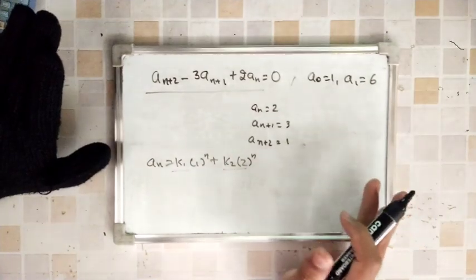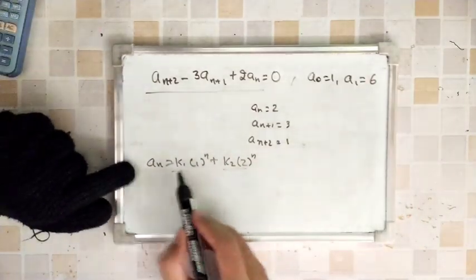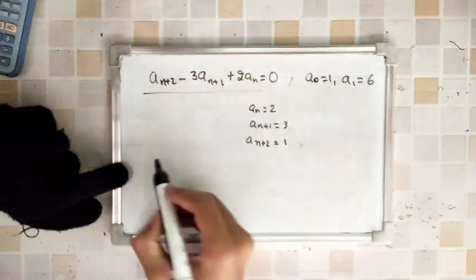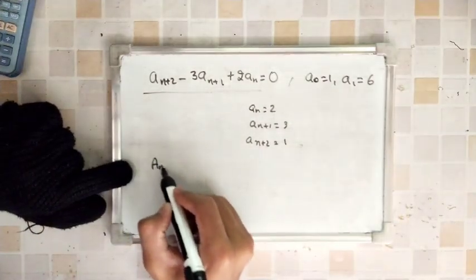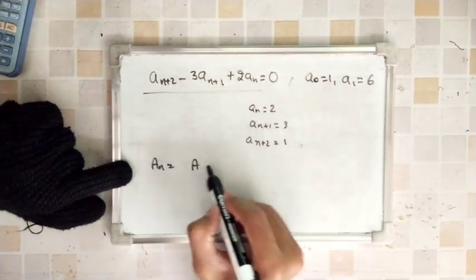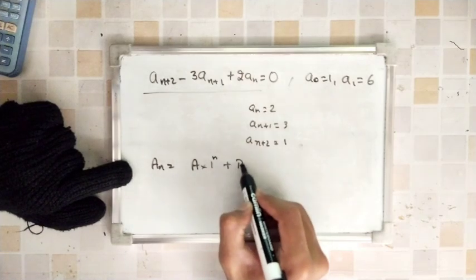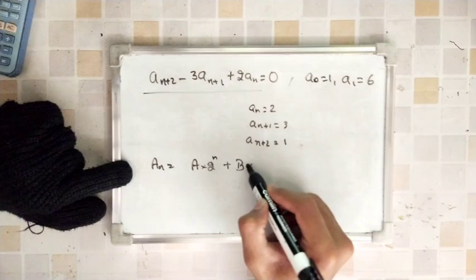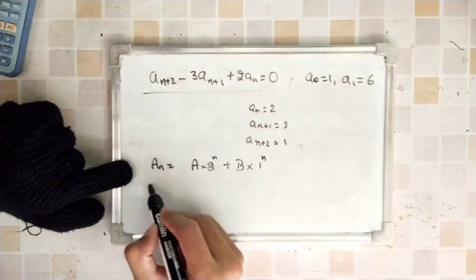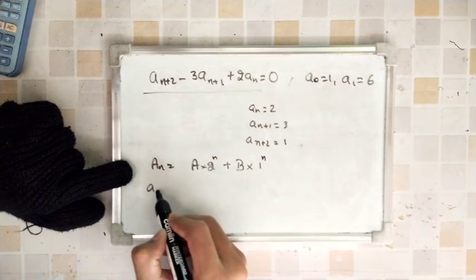So now first what I will do, let me take the same thing, a n is equal to a into 2 power n plus b into 1 power n. So now I will take n as 0.